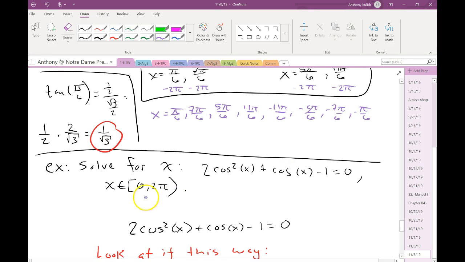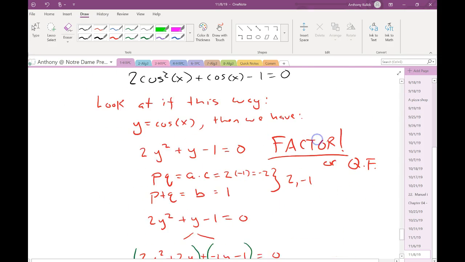Everybody okay with that? And then for this last example, we're going to write our answer over the entire real line. Okay? So how many answers are we going to get? Infinitely many. So we're not going to be able to list them all. What we're going to do is describe what that looks like.